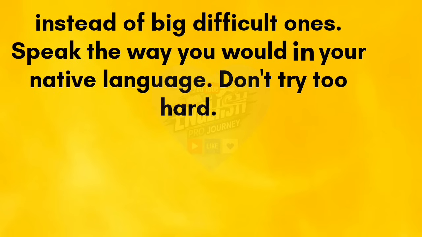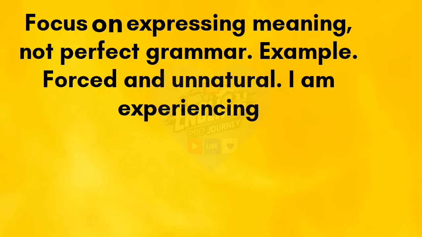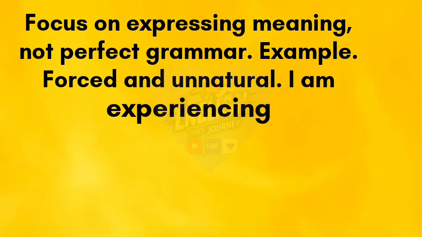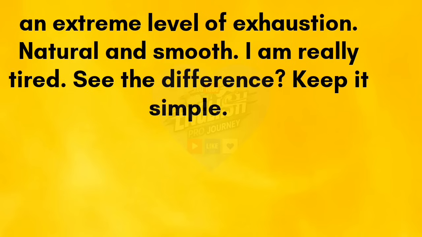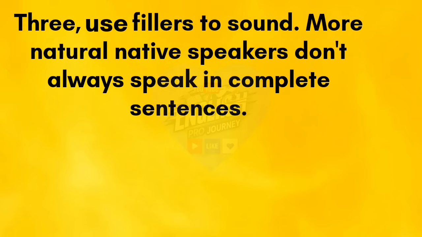Speak the way you would in your native language. Don't try too hard. Focus on expressing meaning, not perfect grammar. Example: forced and unnatural. I am experiencing an extreme level of exhaustion. Natural and smooth. I am really tired. See the difference? Keep it simple.